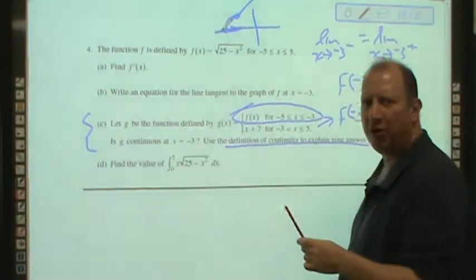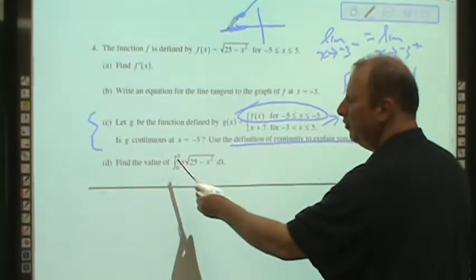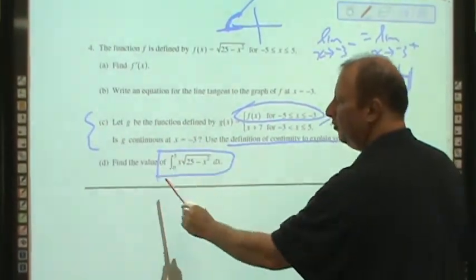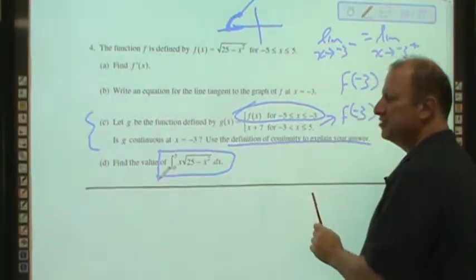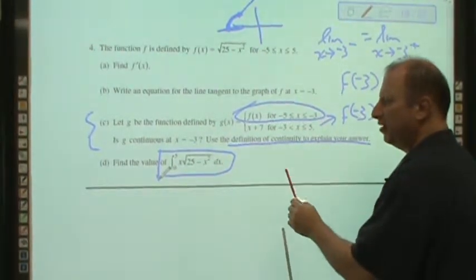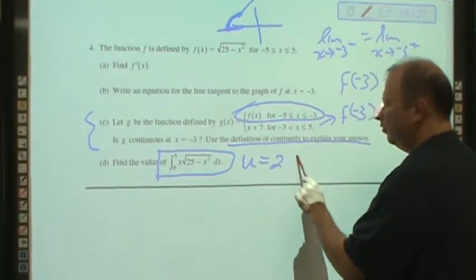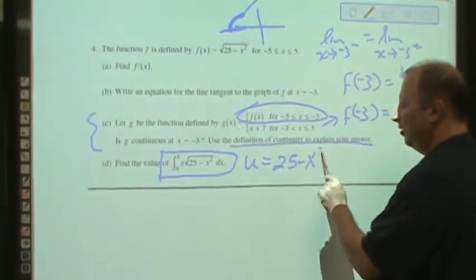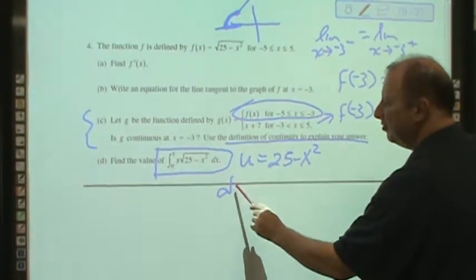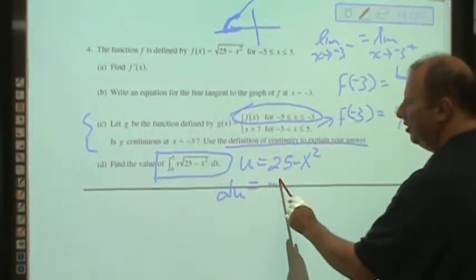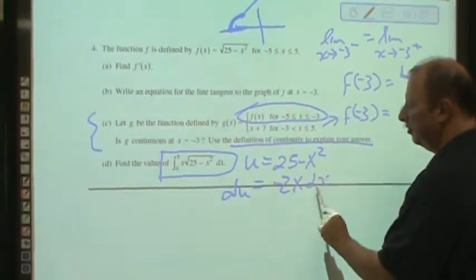Now for the last part of the question. Find the value of the integral from 0 to 5 of x times the square root of 25 minus x squared. Well, let u equal 25 minus x squared. If that's the case, du is equal to negative 2x dx.